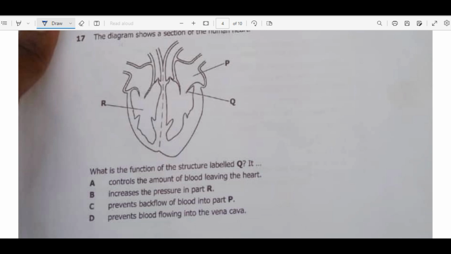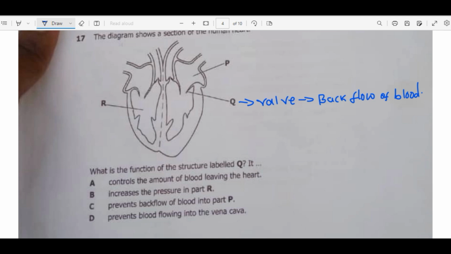Now the question is, what is the function of the structure Q? So Q is a valve. Now the function of the valve is to prevent backflow of blood.